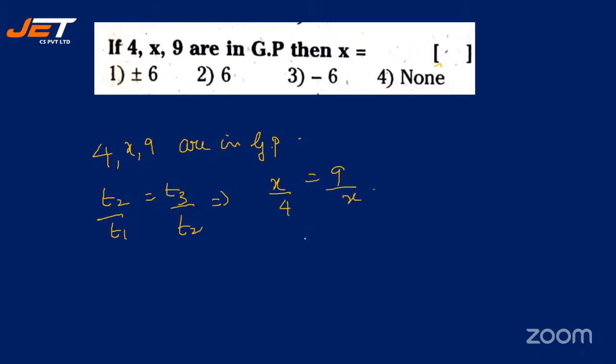Just cross multiply: x square is equal to 36. x is equal to root of 36, which becomes x is equal to plus or minus 6. So your first option is the correct one. All right. These all must not take more than 1 minute because we are very much familiar with the AP and GP formulas. All right. Let's move on to the next one.